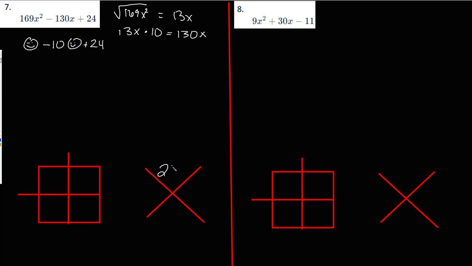So we want to know what multiplies to give us 24, but yet adds to give you negative 10. And so when I do that, I have negative 6 and a positive 4. And that means that my smiley face is 13x. That's my answer.